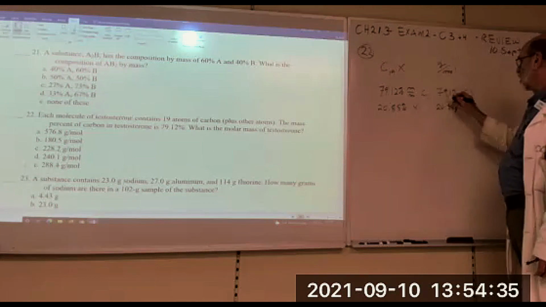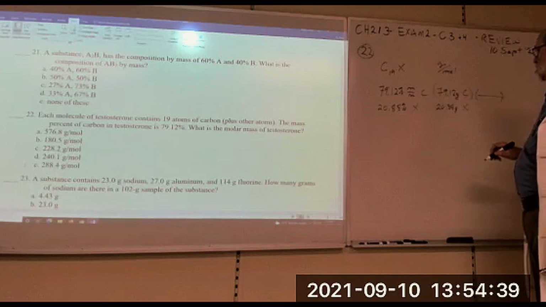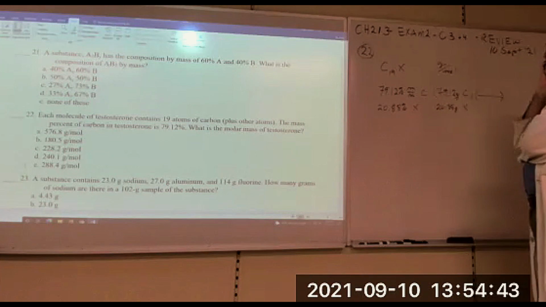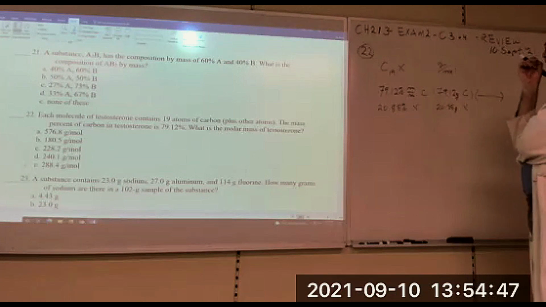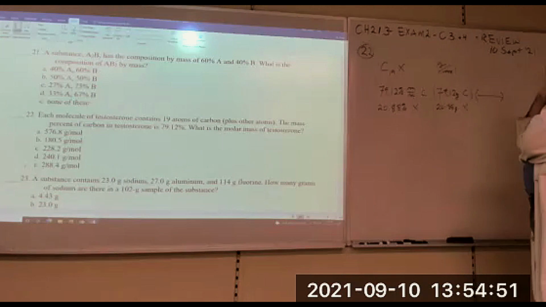Do I need to go this route? Or am I making it more difficult than it needs to be? 19 carbons.